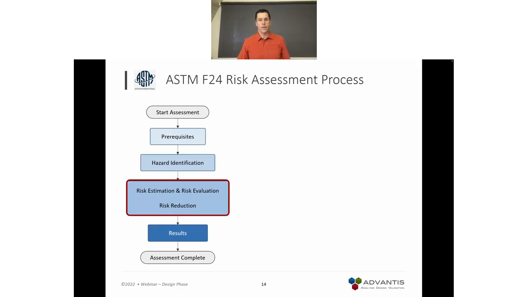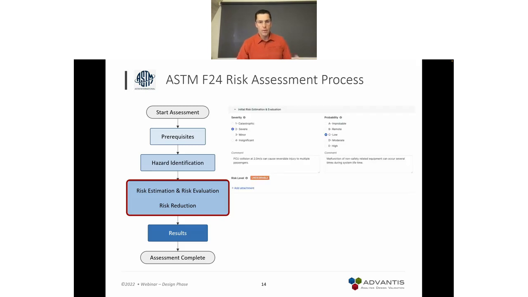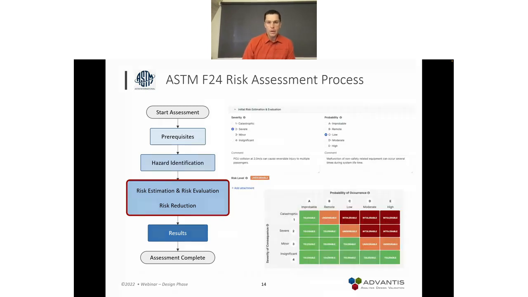Next step, risk estimation, risk evaluation. Same thing, we do that at the beginning when you first do an initial estimation with a risk matrix, and then you potentially have an intolerable risk, you do some risk reduction, and then you have a follow-up risk estimation. And then all this goes into what we call here the results, which in Advantis is the risk assessment report.